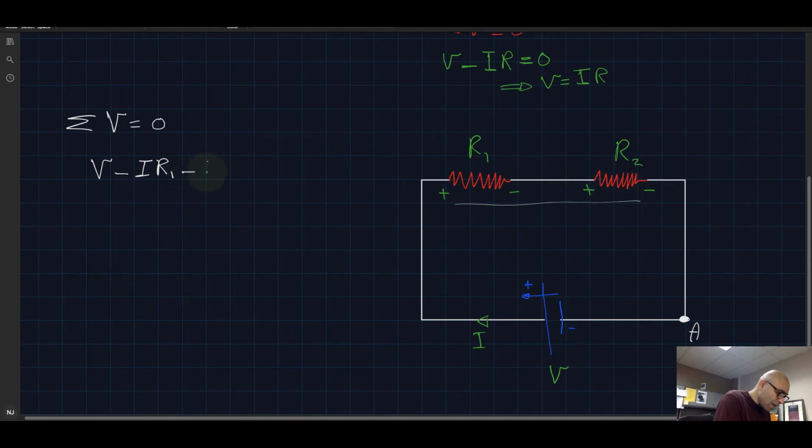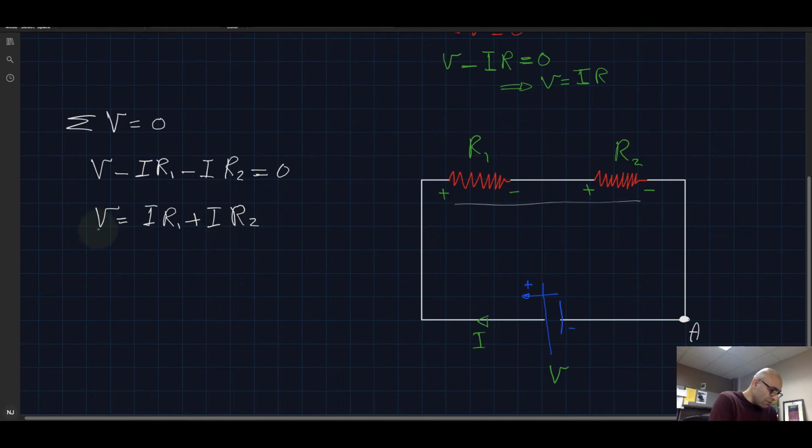So minus I, the same current going through it, but this is resistance R2. And now keep going. Once you hit A again, you make it equal to 0. And that's it. Then V is equal to, taking it to the other side, IR1 plus IR2.